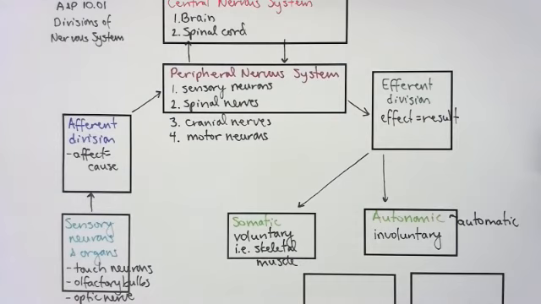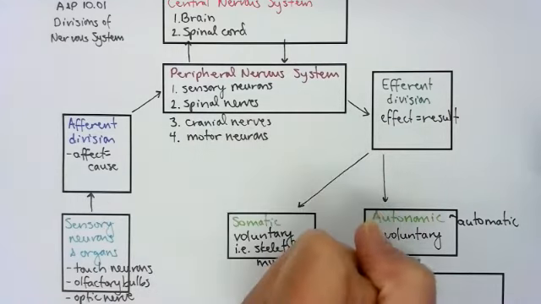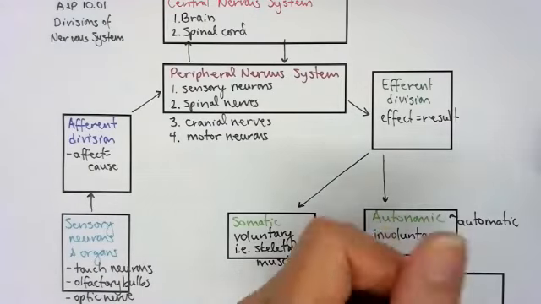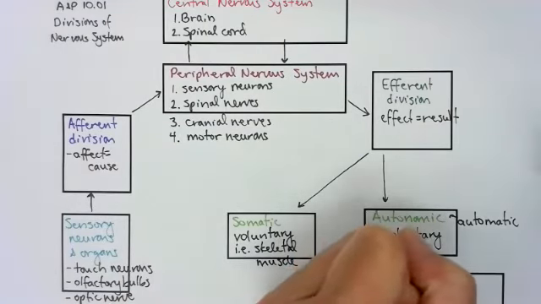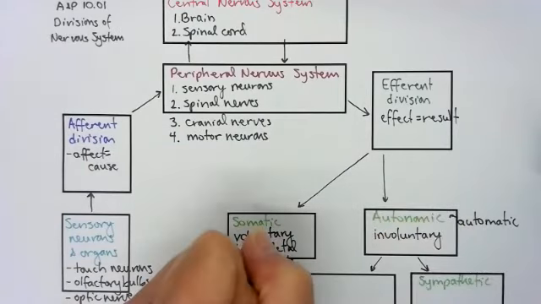And we have two divisions of autonomic. We have sympathetic. And we have parasympathetic.